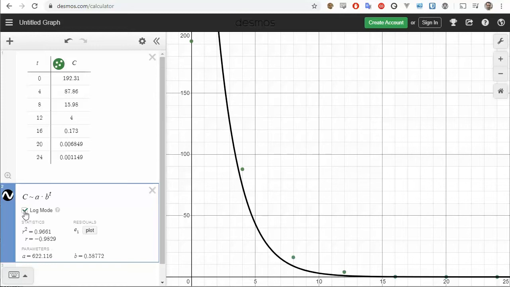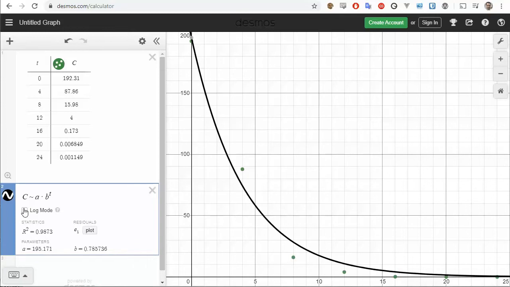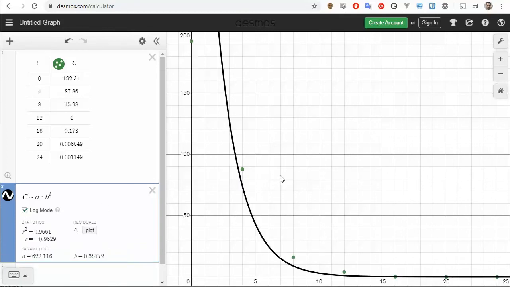Now you'll notice that in some ways this result looks worse than the one that we had before. But what the log mode does is it minimizes the percent error at each point rather than minimizing the absolute error.